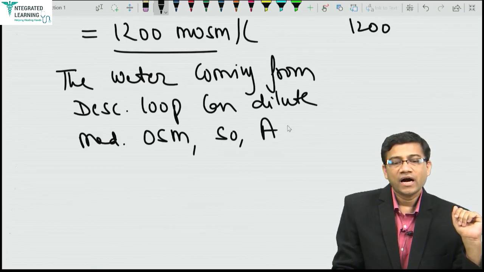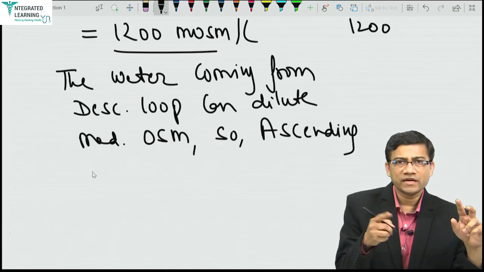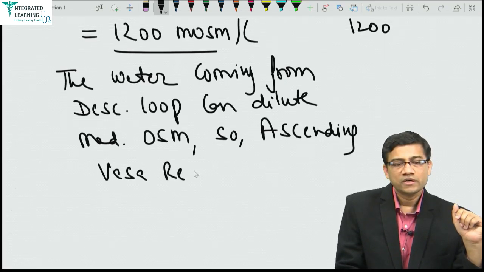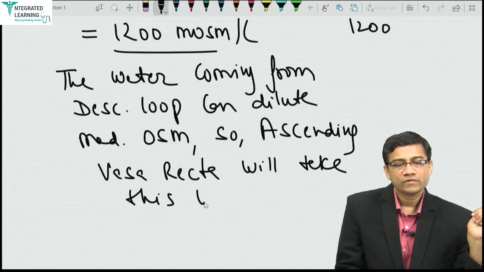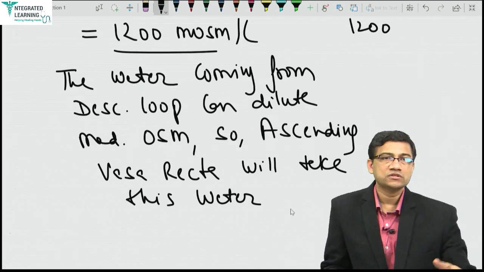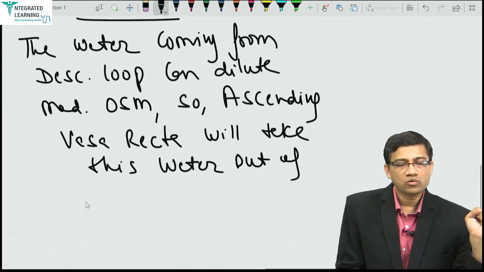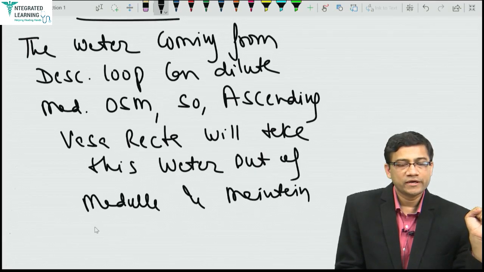Ascending vasa recta, which is just next, completely around this, very close to descending loop, will take this water out of medulla into systemic circulation and maintain medullary osmolarity.